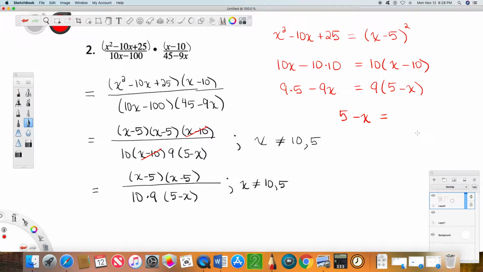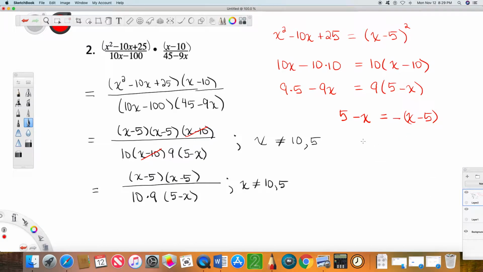Addition is what we call commutative. It doesn't matter the order that I add things together, but with subtraction, the order is important. And I know that 5 minus x is not the same thing as x minus 5. But I do know how to make them equal. I know that 5 minus x is the opposite of x minus 5. When you change the order of the subtraction, you make an opposite. Let's plug in a number and I'll show you what I mean.